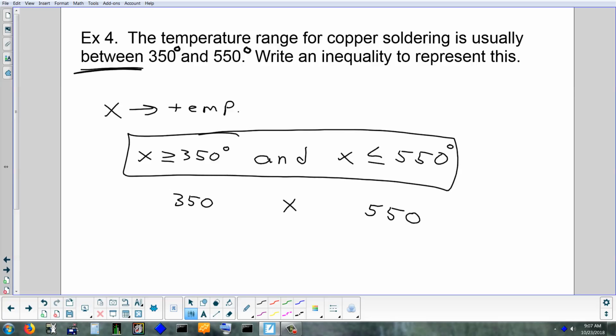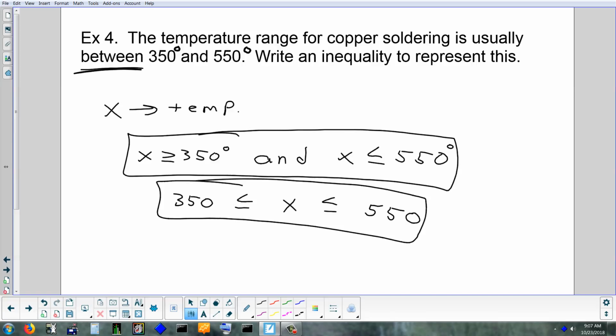Yep, exactly. Always point to the left. Are they going to have the equal to's under them or no equal to's? Yeah. Yep, they're going to have the equal to's. So either answer is correct. Right. So our temperature is greater than or equal to 350 degrees and less than or equal to 550.